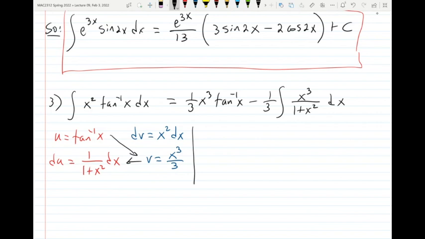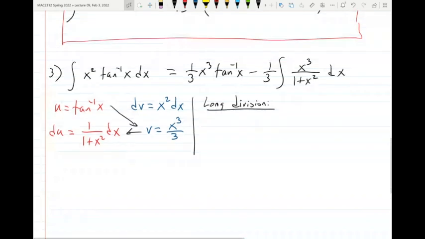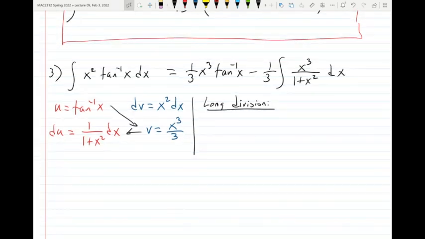So first, let's do it with long division. When you divide two things, you always write it in the form of quotient plus remainder over divisor. So we divide x cubed by 1 plus x squared, which I should write as x squared plus 1.